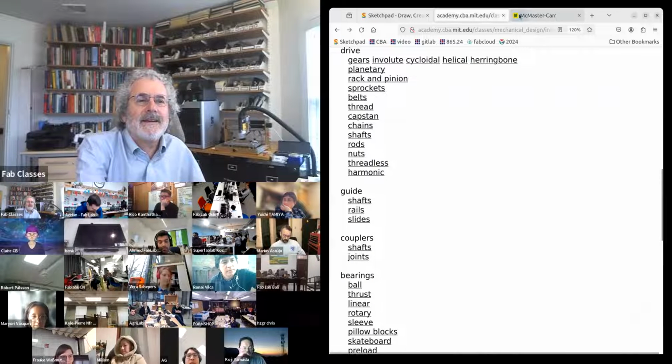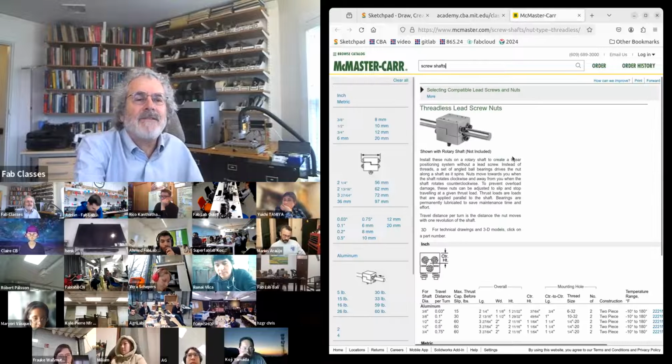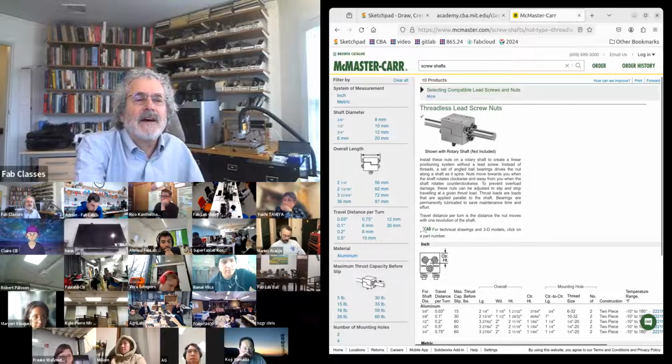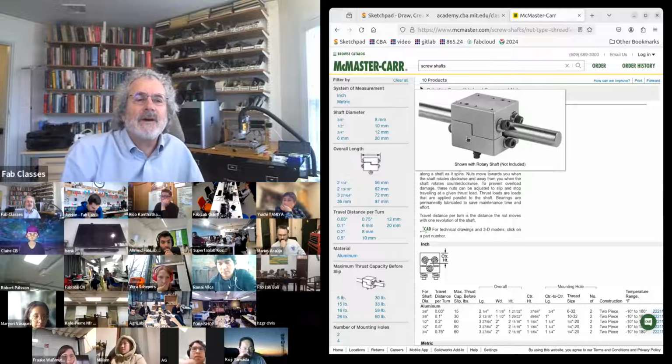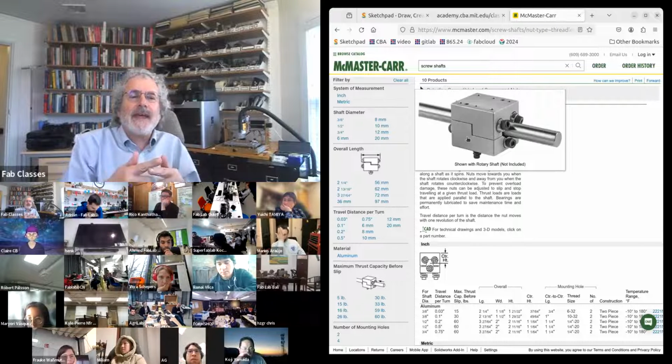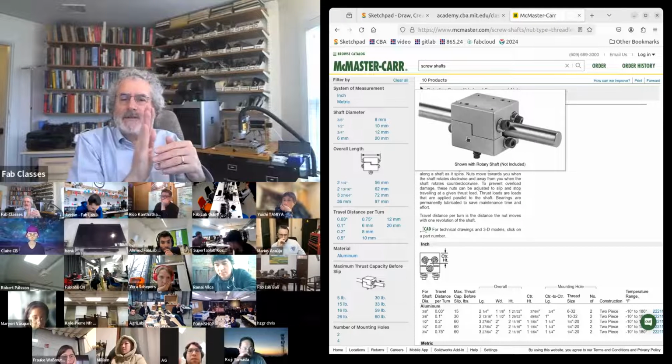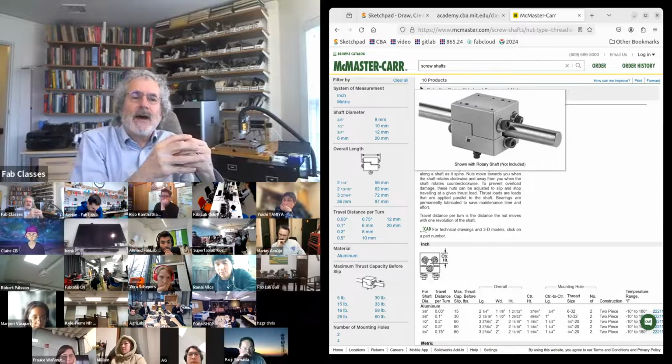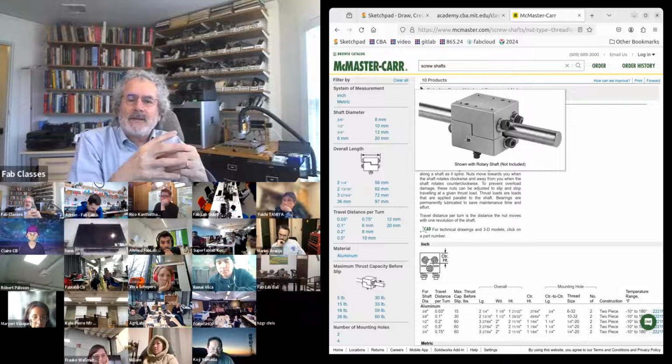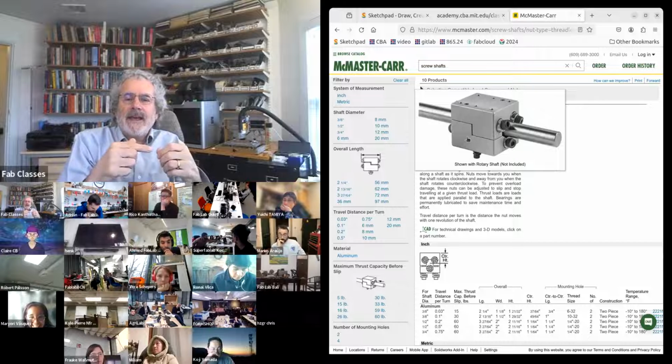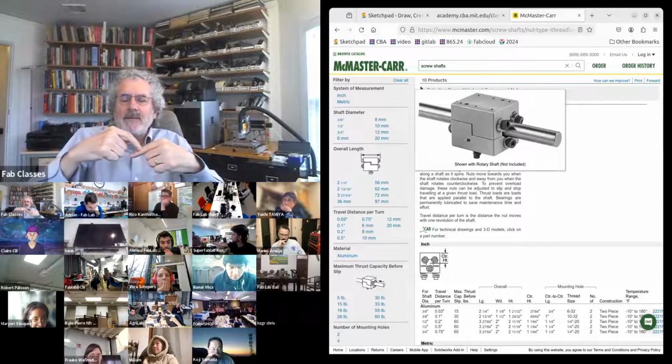Then a really non-obvious thing is a threadless drive. So let's see what's going on here. You see those 3 heads at an angle against a rod. There are no gears, there are no teeth, but each of those heads is pushing against that rod, and it doesn't want to drag.